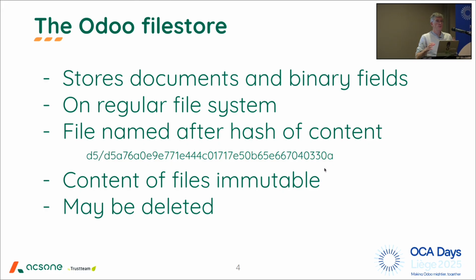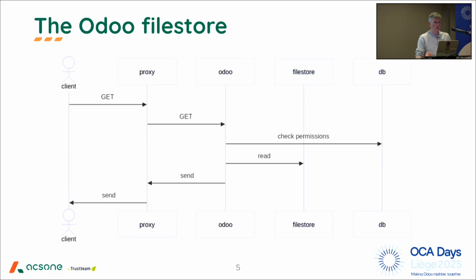And the content of those files is immutable, so once a file is in the file store, it's never modified. And if you put the same file twice in the file store, the same is reused. So those are interesting characteristics. They can be deleted, so if you delete a record, in some situations there is a garbage collection and those files are deleted. So it's simple, it's very easy to deploy, and works pretty well.